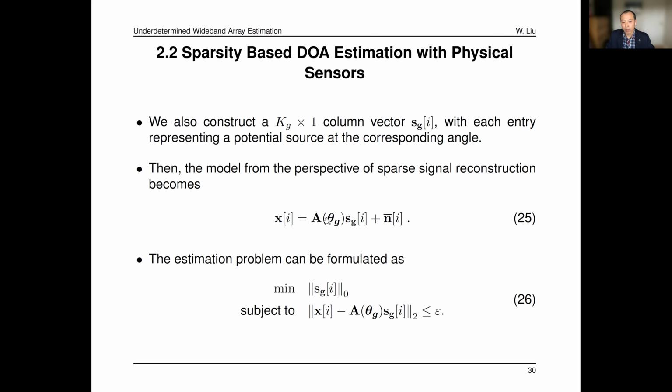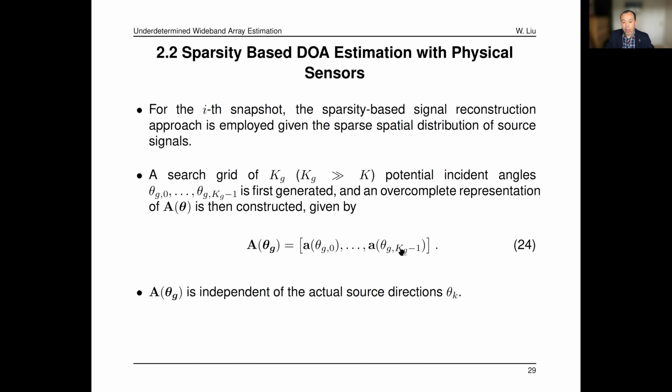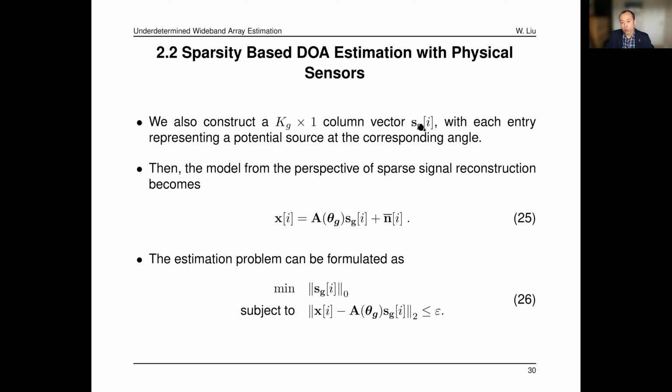So suppose Kg is 1,000 and you have 10 sensors. This A(θg) will be 10 times 1,000. And then you generate this source vector s_g[i], which is 1,000 times 1. Then you get this model.